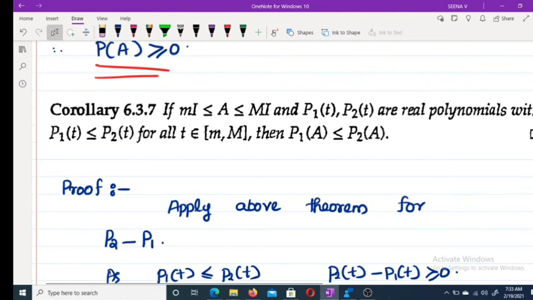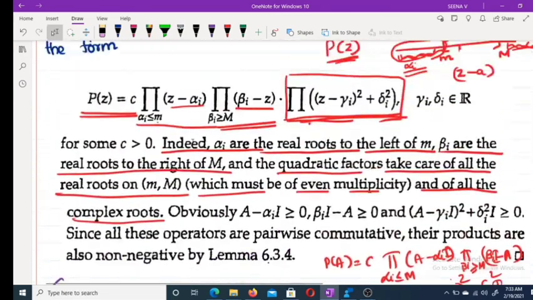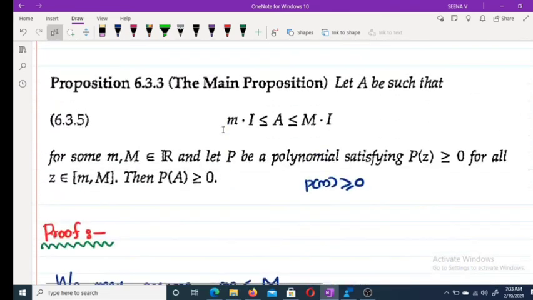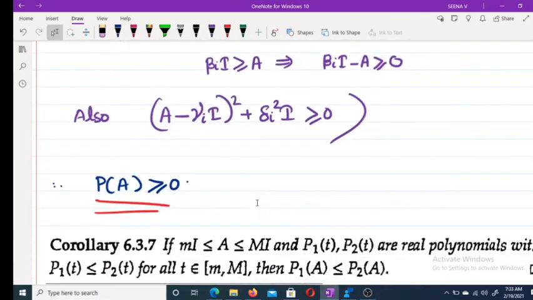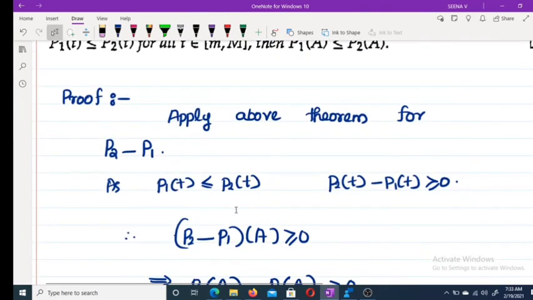In the earlier case, it was m less than or equal to a less than or equal to M, then P is a polynomial such that P of z is greater than or equal to 0, then P of a is greater than or equal to 0. So here we are applying that result to the polynomial p2 minus p1.